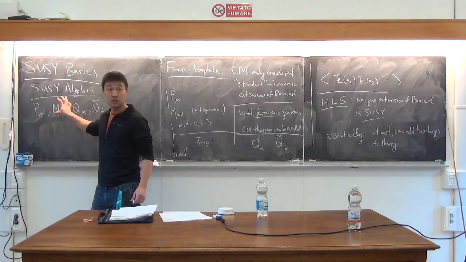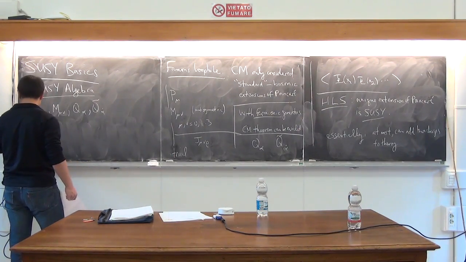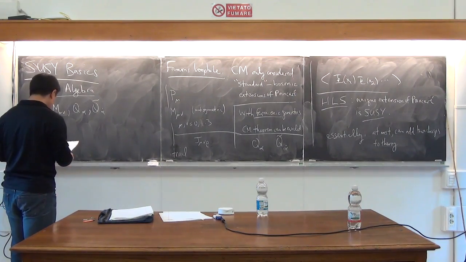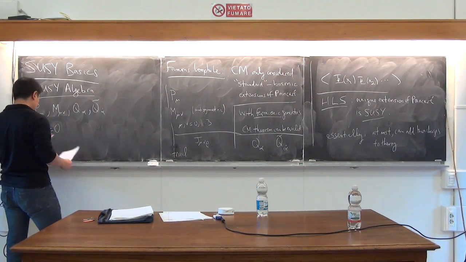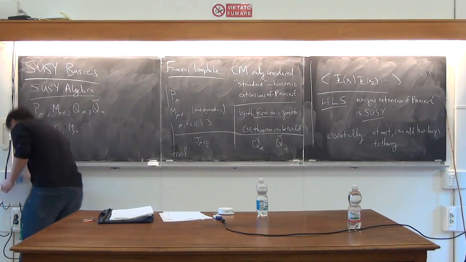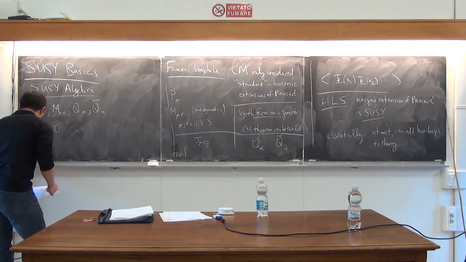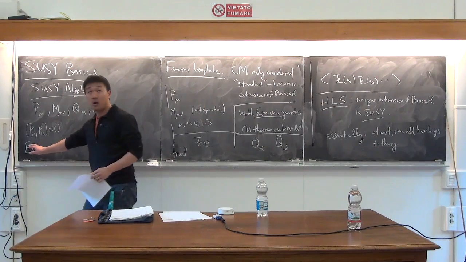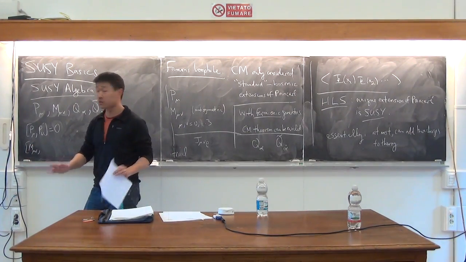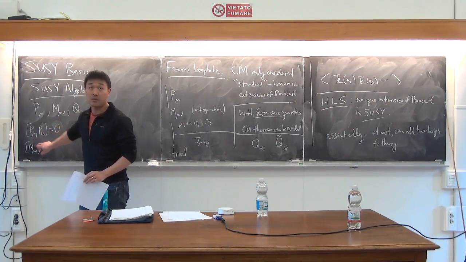So let's start with these ones I don't touch. These are Poincare, right? So what is the Poincare algebra? Well, the P's commute with each other, and then the M's. Anything, all their commutation relations with everything else, is just determined by Lorentz symmetry, right? So it's determined by the Lorentz indices that object carries.